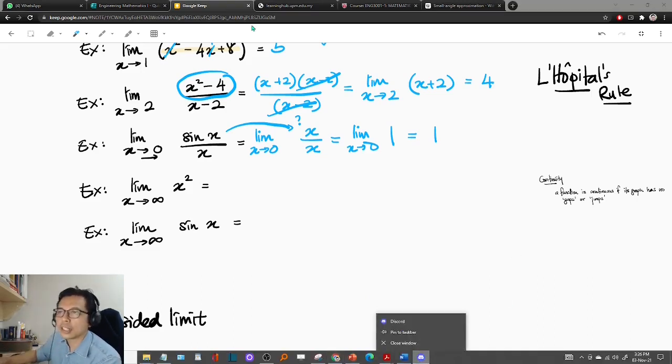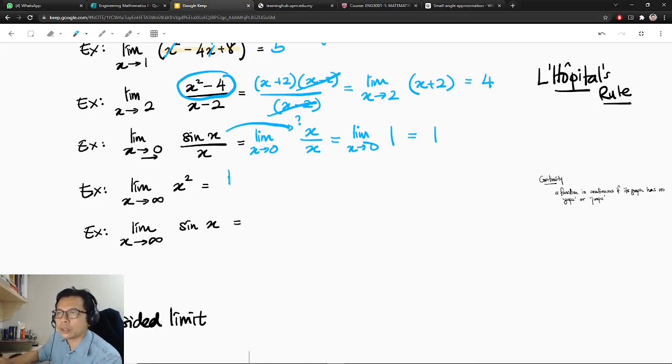One way you can do it is, let's imagine that this x here is a really big number. I just put infinity here, but actually I can't do this, it doesn't make much sense. Infinity squared is infinity. That's one way to do it.